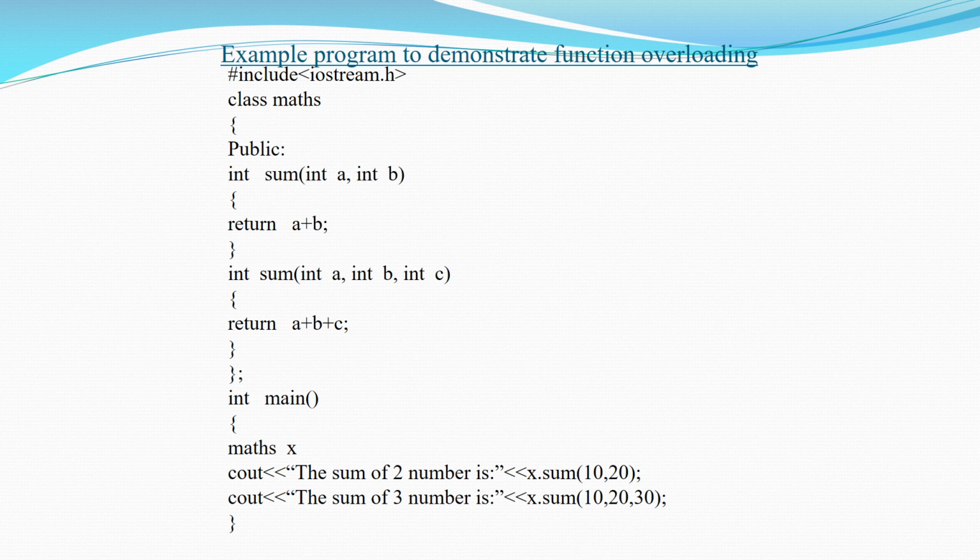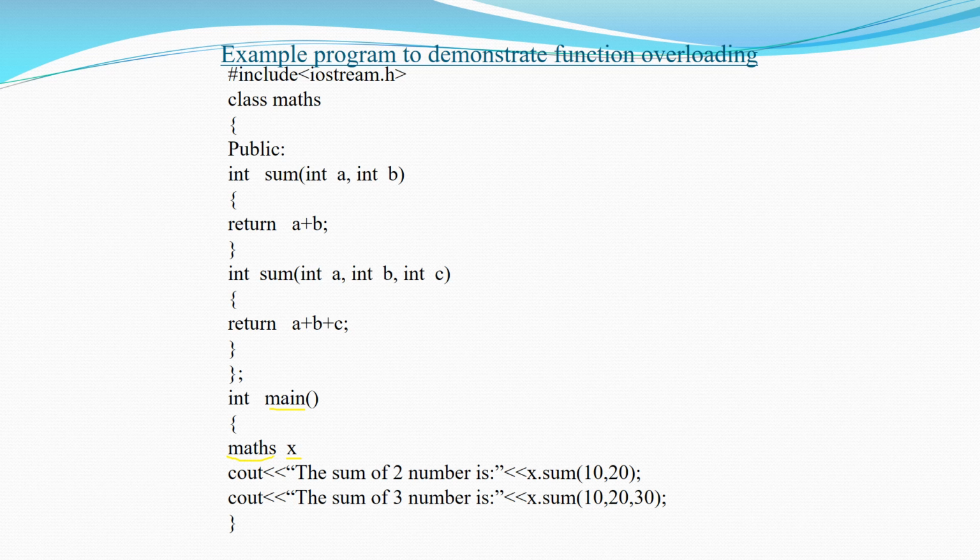Clearly understand the concept: sum of two numbers, whereas sum of three numbers. Once I create my main program, I'm going to create an object called x. X is my object, and I have created a class called Max.